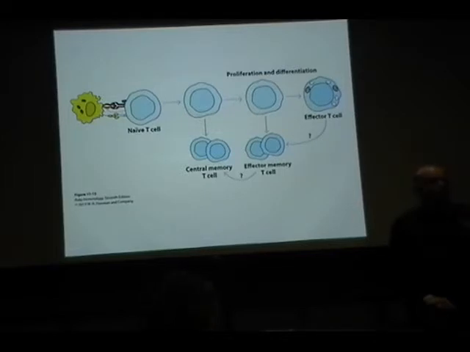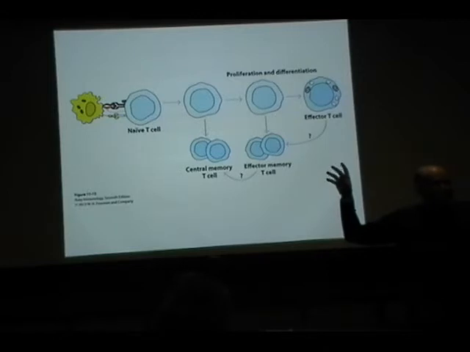Good. Diversity. Remember, 10 to the 11th antibodies, B cells each making a unique antibody. 10 to the 11th T cells, each making a unique T cell receptor, because we moved the DNA around and we purposely randomized the nucleotides and created amino acids in the binding domain that vary from cell to cell to cell. Every pocket of the T cell receptor, every pocket of the antibody is a little bit different.